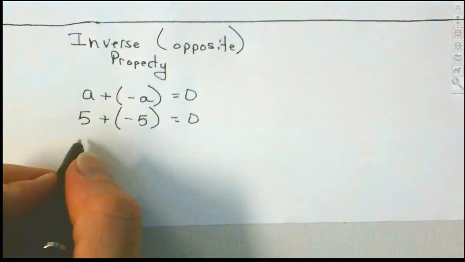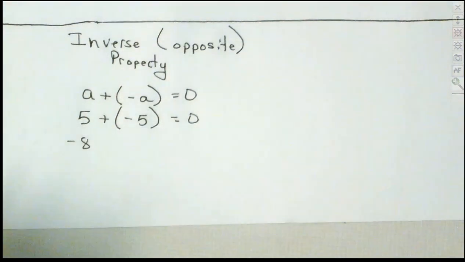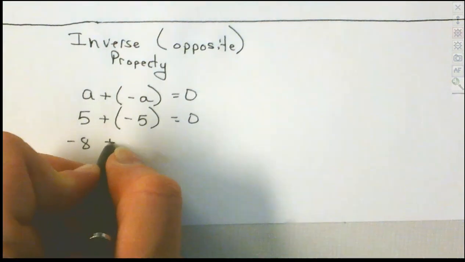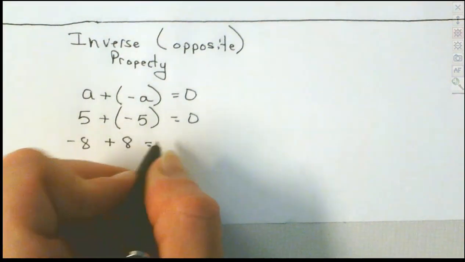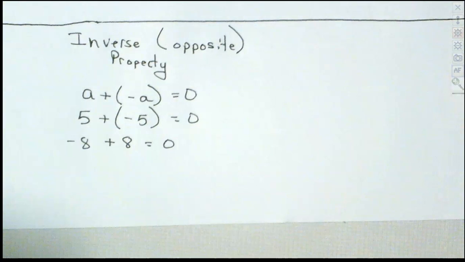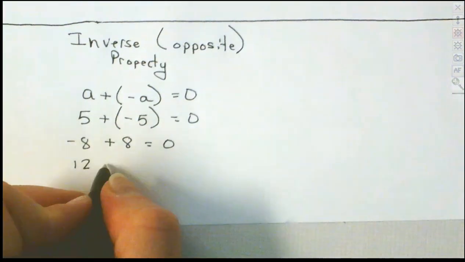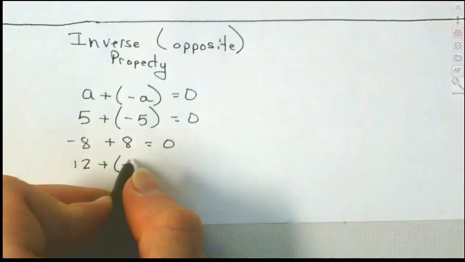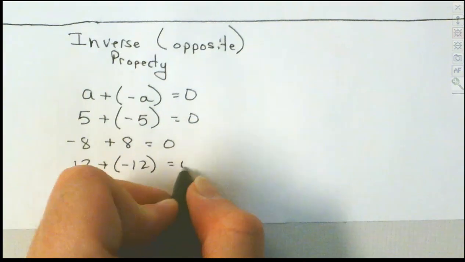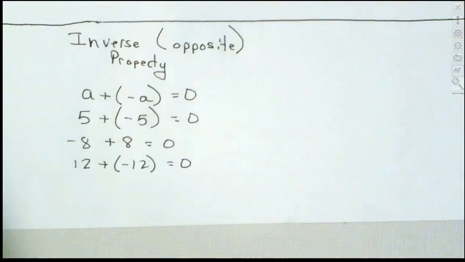If I have negative 8, the additive inverse of negative 8 is positive 8. If I have 12, the additive inverse of 12 is negative 12. So when I talk about inverse, I'm talking about opposite signs. Same number, opposite signs. They go to 0 because they cancel each other out.